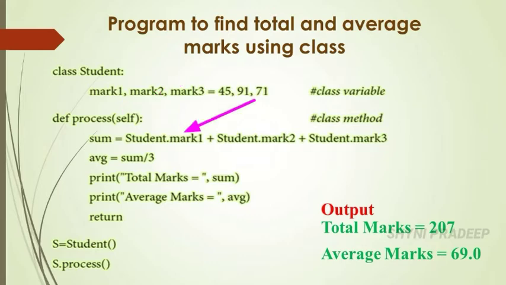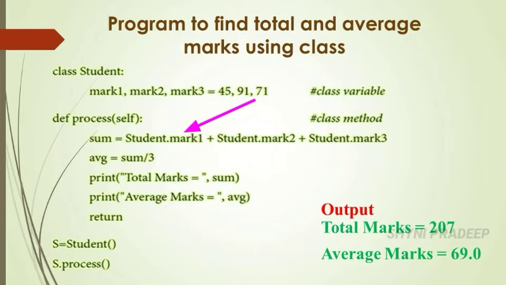Next statement is sum is equal to student dot mark 1, which means student is the class name and dot is the operator and mark 1 is the variable. Which means here the variable is prefixed by the class name and dot operator. Because these variables mark 1, mark 2, mark 3 are declared within the class student. Okay. So here you have to use dot operator between class name and variable.